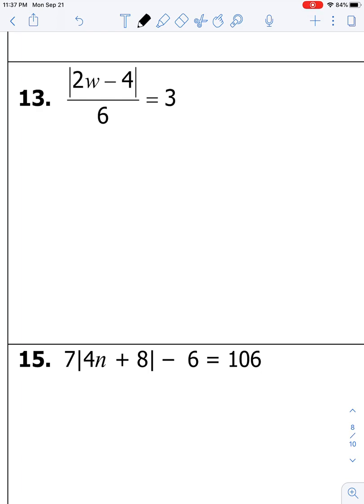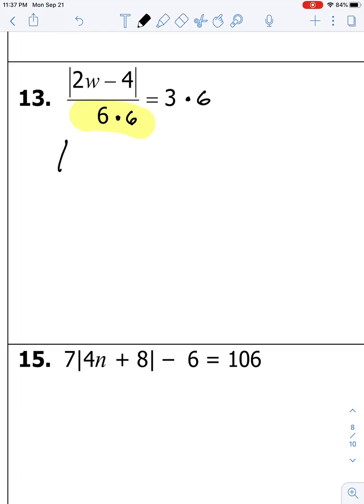Anytime that you have a fraction and you need to get rid of the bottom of the fraction, you just multiply by what's on the bottom of the fraction. So in order to get rid of this 6, because the absolute value is not by itself, we just need to multiply by 6 on each side. And what that does is that cancels out the bottom of the fraction.